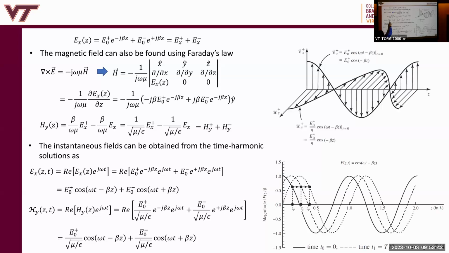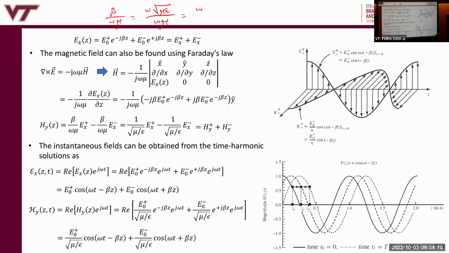You can write this beta over omega mu as 1 over the square root of mu over epsilon. The reason why is, look here. If we have beta over omega mu, well, beta is omega square root of mu epsilon, and we have omega mu here.